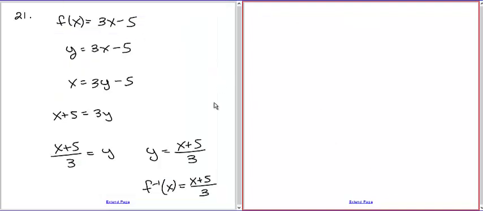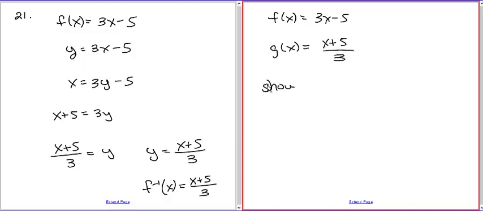Now, they didn't ask you to do this in the test here, but I'm doing it because it is on the test. Let's say I was given f of x equals the original function, and I was given a second function, g of x, which was x plus 5 over 3, and I said show that f of x and g of x are inverse functions.